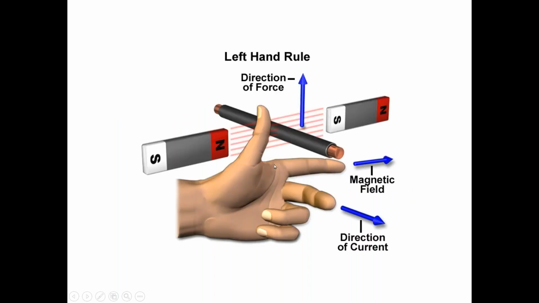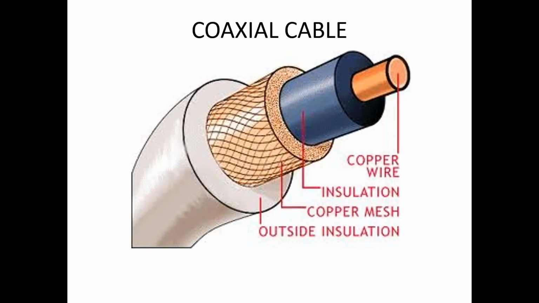A better view of that is if you use the left-hand view. If you take your hand, it's interesting because you can now see three forces that are all at right angles to each other. These are the forces that are being transmitted in an RF signal. And the question is, what do we do with those forces?